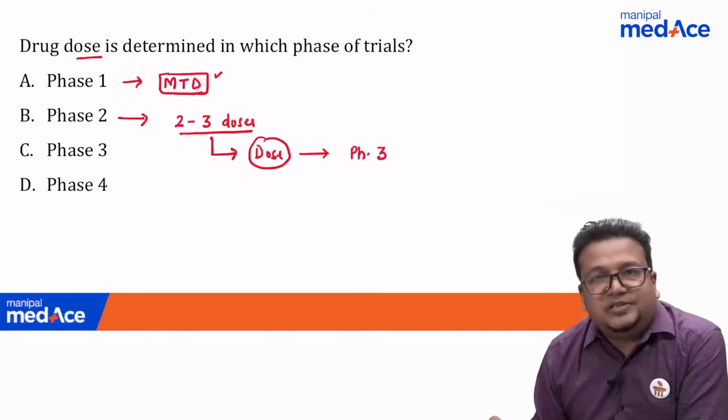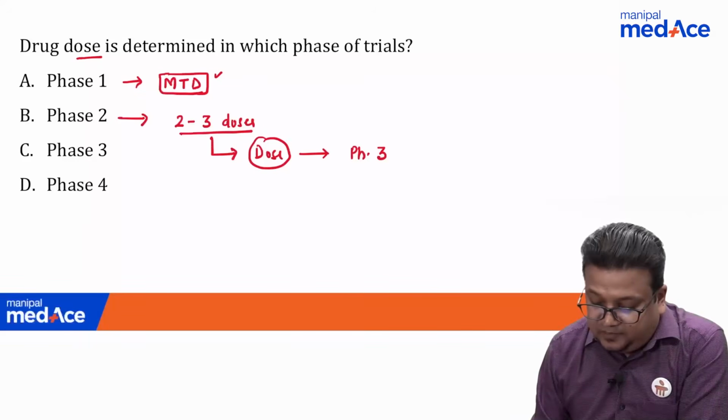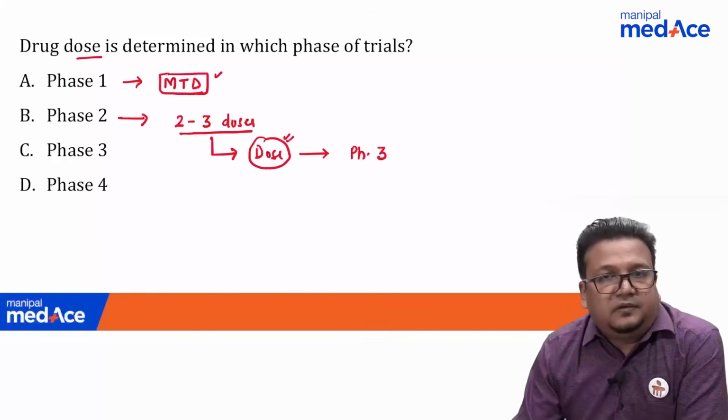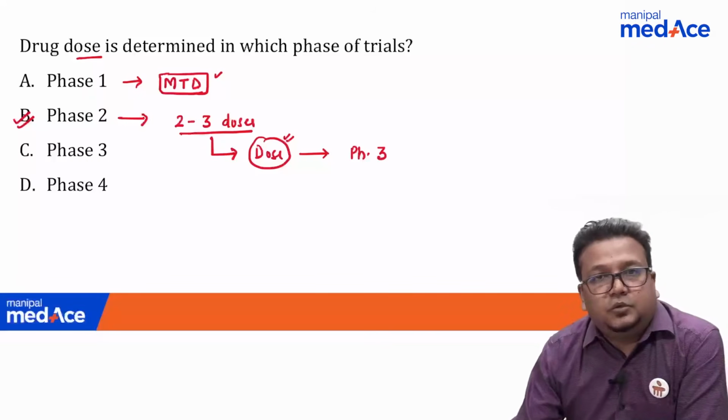So dose ranging studies are conducted in phase 2. Out of the multiple doses that we test, we select the best dose to be tested and confirmed further in phase 3. So the best answer will be phase 2 clinical trial.